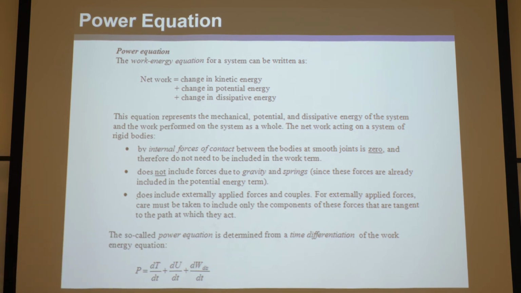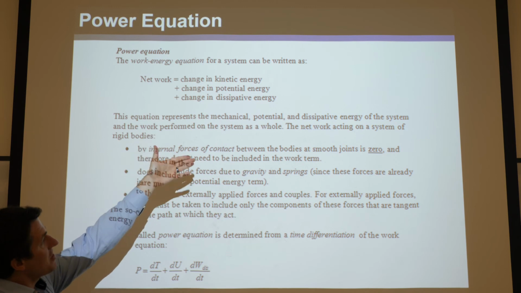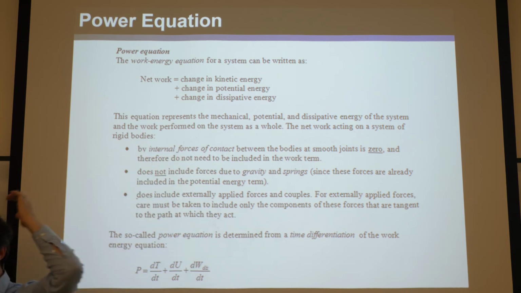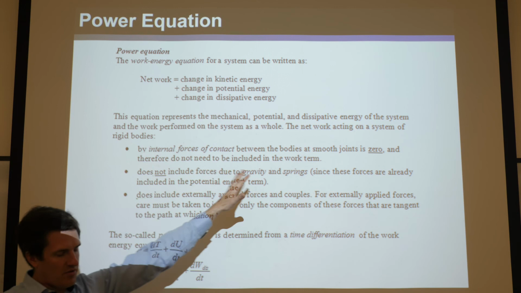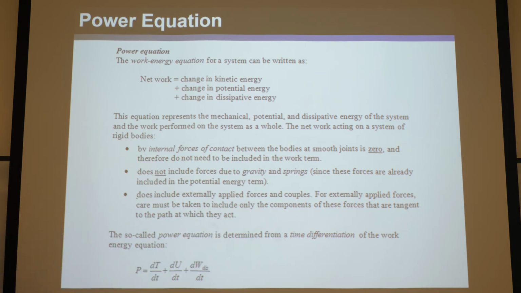Of course, if the joints did have friction, the energy due to friction would be considered in the change in dissipative energy, as you know. So that is already taken into account on the right side of the equation. But if the joints are smooth and friction-free, there is no dissipative energy from that, and so you don't need to consider it.